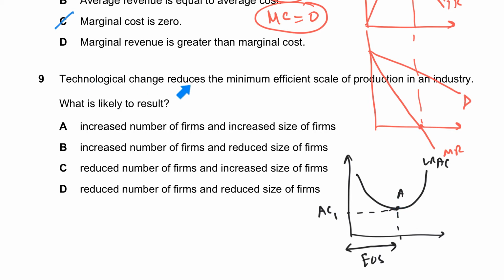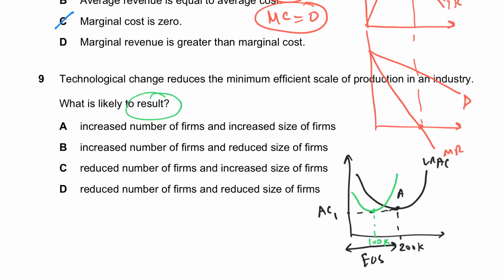And if there's a technological change which reduces the minimum efficient scale, so let's say previously you were making 200,000 units, now probably you don't need to make those 200,000 units. You can even make, for example, 100,000 units to achieve that, which means you could achieve economies of scale quicker and you don't need to be big in size. So what is it going to result?